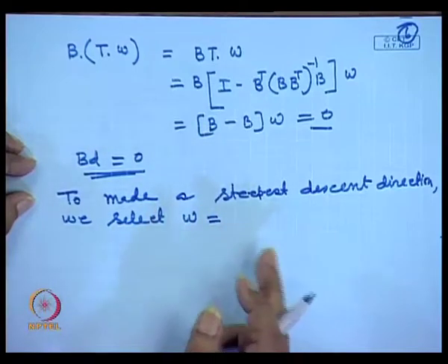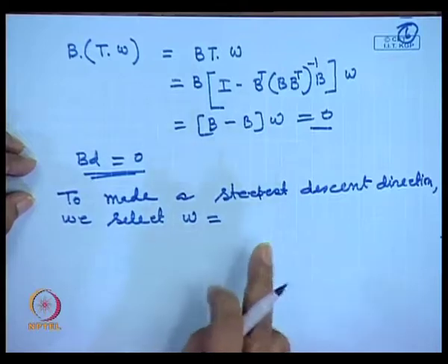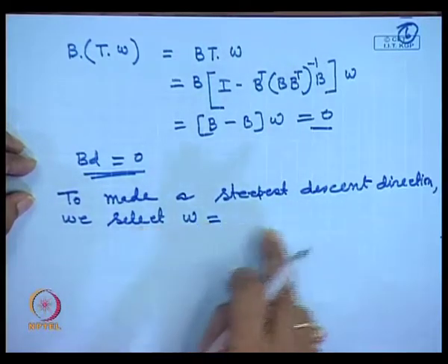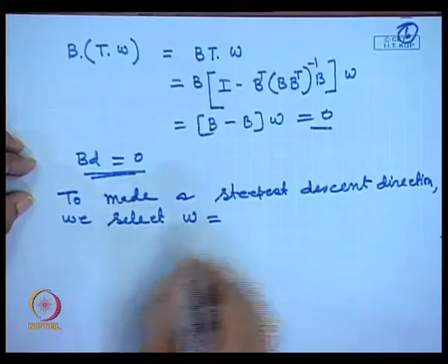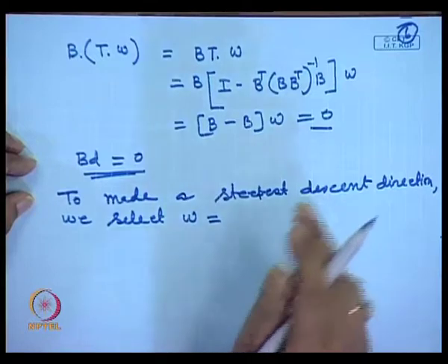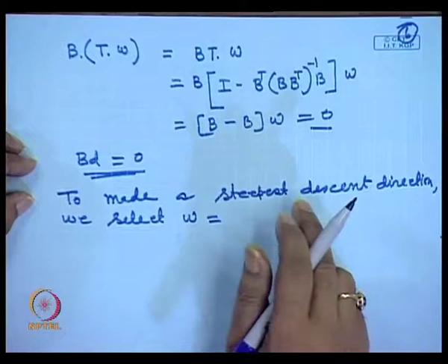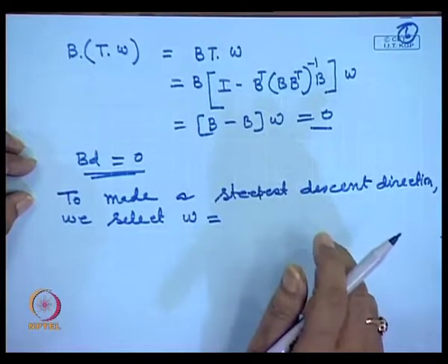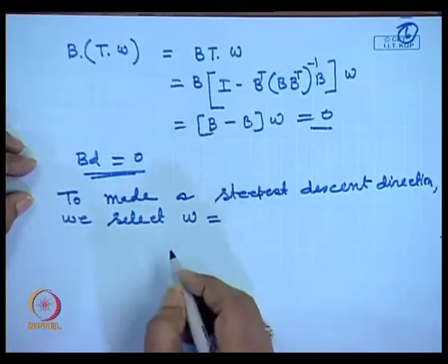Previously we told W is any vector, but it will satisfy that if we move in any direction, it will be inside our interior region. But now the question is how to get a new point which will give you an objective function value less than the value at our previous point.